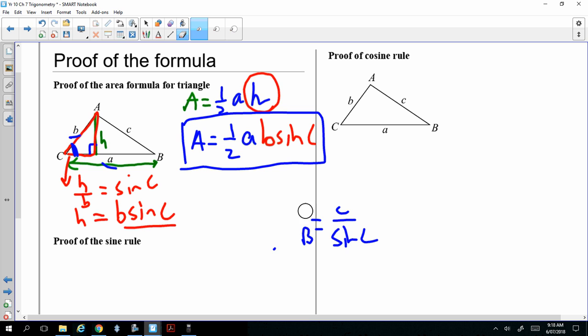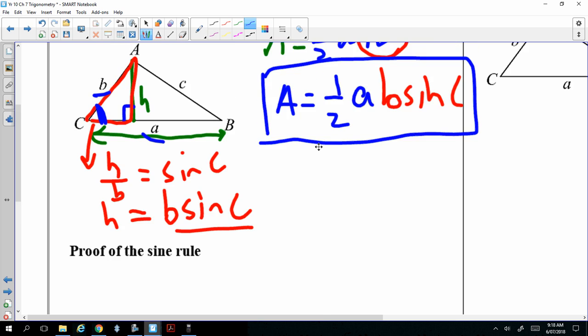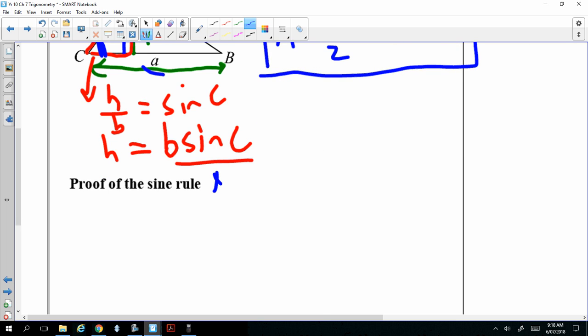So to prove this formula, we're going to find the area of the triangle in 3 different ways. So we can find the area of the triangle ABC, which can be done half AB sine C.